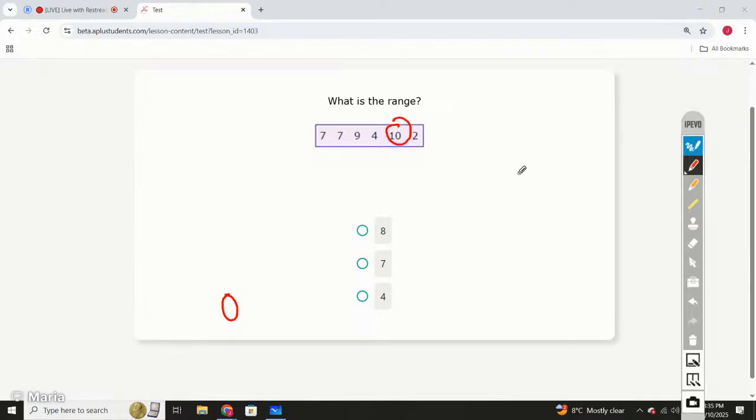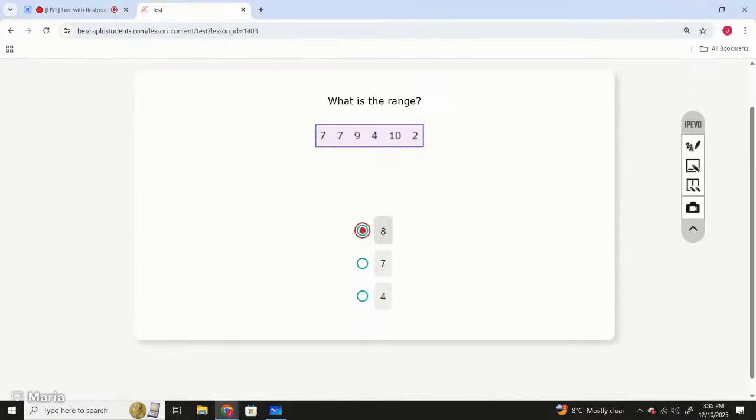The greatest number is 10 and the smallest number is 2. The range is the difference of the greatest and the smallest number. So 10 minus 2 is 8. The range is 8. Option number 1 is the correct option.